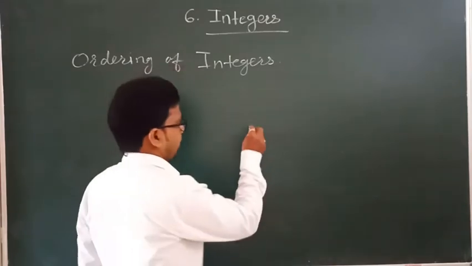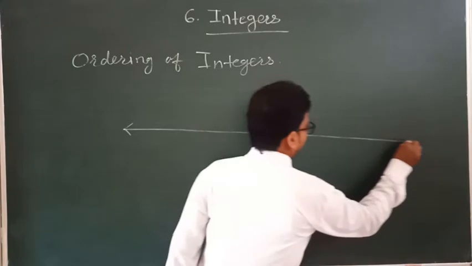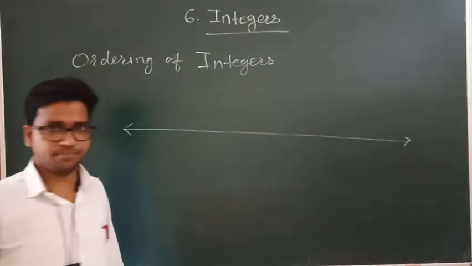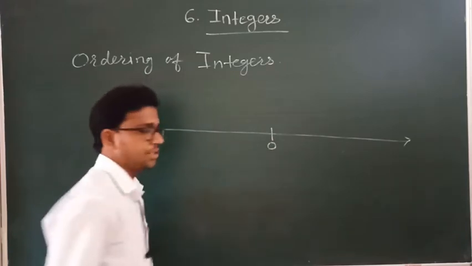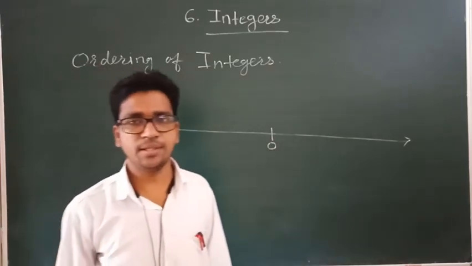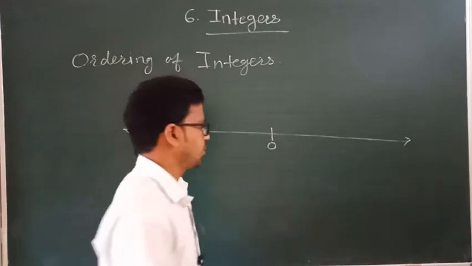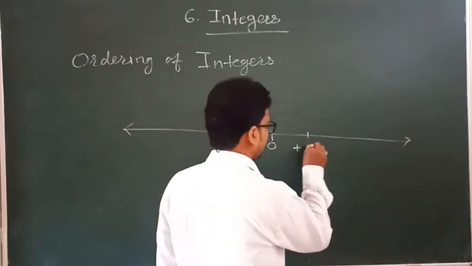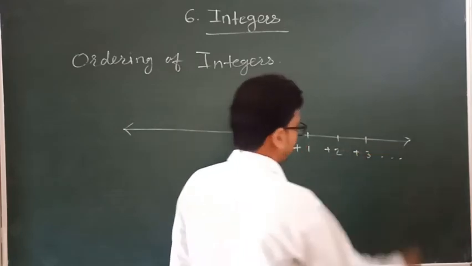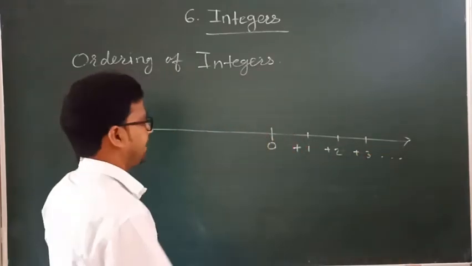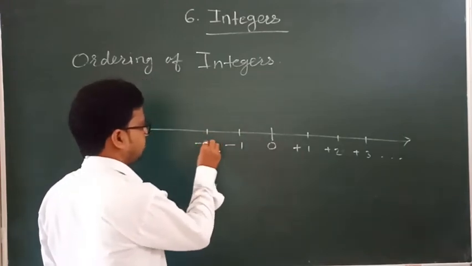So I will explain on the number line. It is a number line. 0 is at the center. All positive numbers are to the right of 0: positive 1, positive 2, positive 3 and so on. And all negative numbers are to the left of 0.